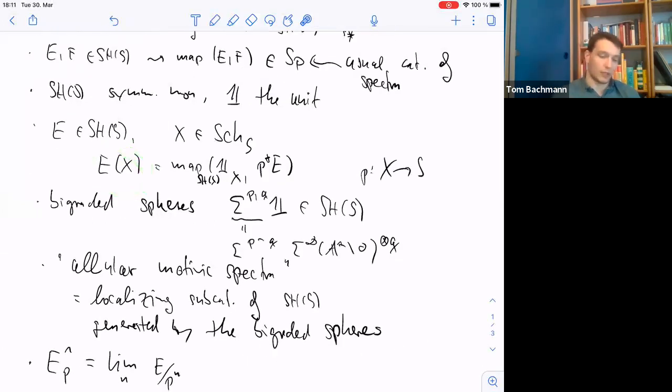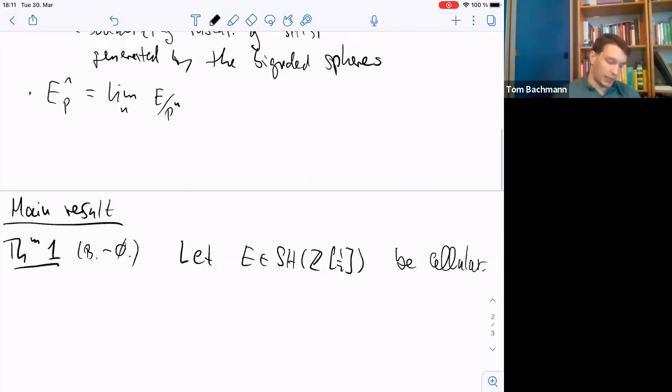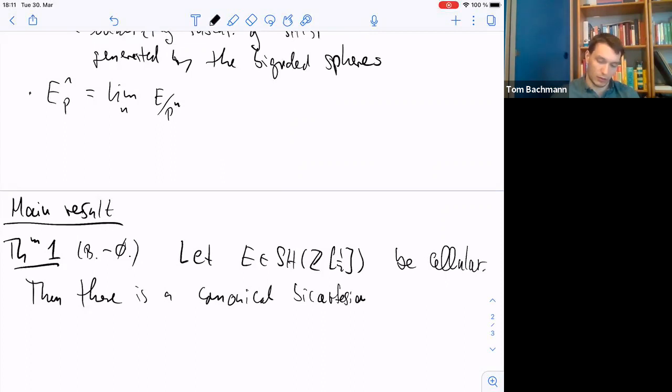And you can work it out in terms of other things which are maybe easier. So then there is a canonical, let's say Cartesian, or bicartesian, or pullback, let's say bicartesian square.